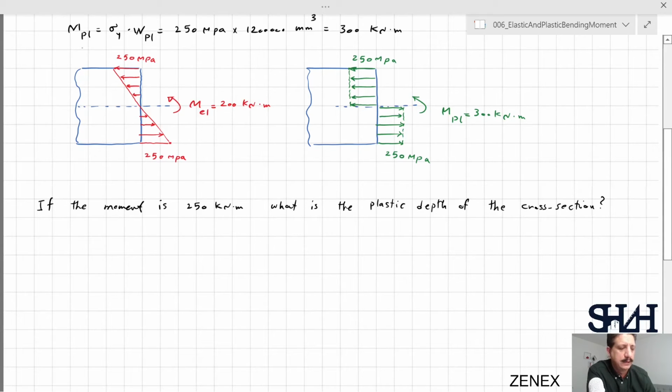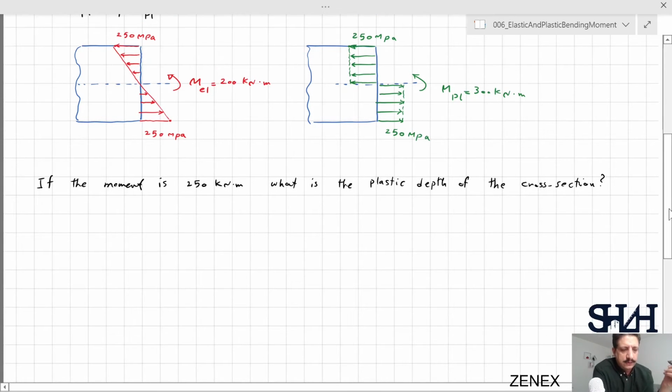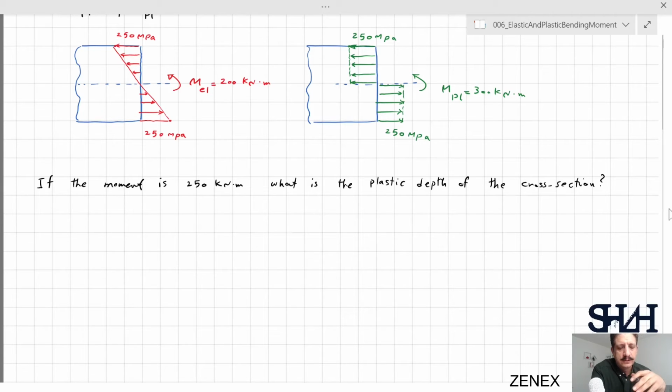Or you can say, what is the moment when 1/4 of the cross section is plastic? So this is a little bit challenging compared to the other case. Now we know that as far as 250 is greater than 200, it is not fully elastic. And as far as it is less than 300, it is also not fully plastic. So it will be something between.